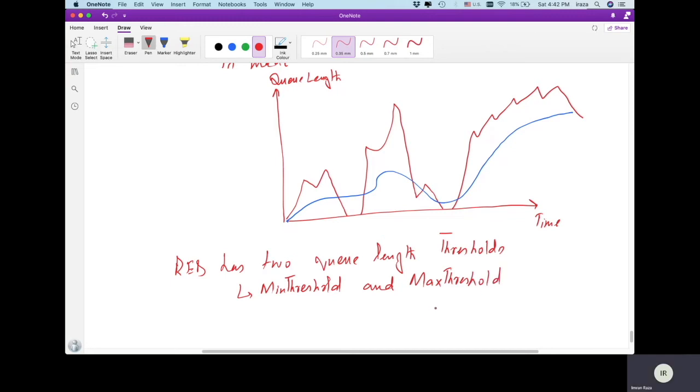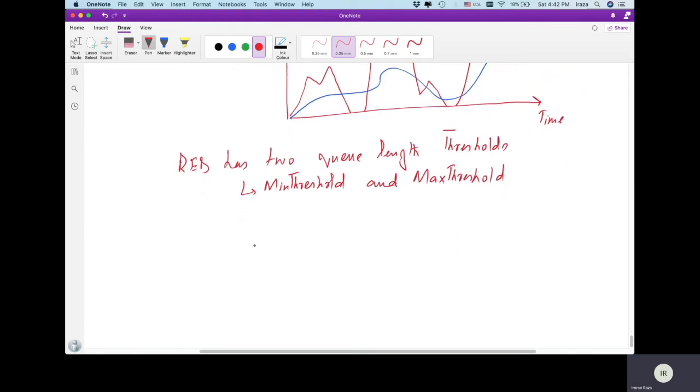Let's try to understand this with the help of this queue diagram. Let's assume that it's a queue that is being maintained by RED.